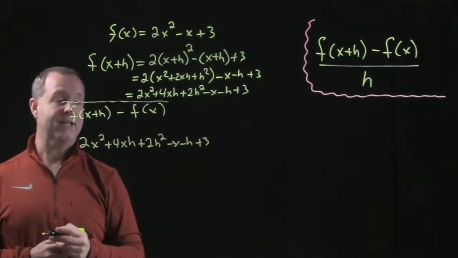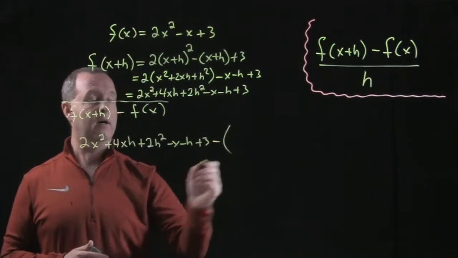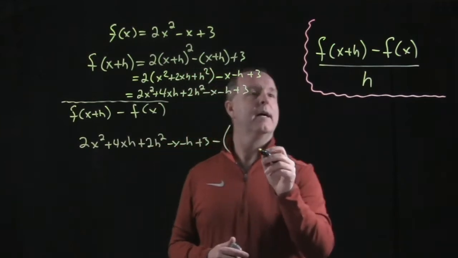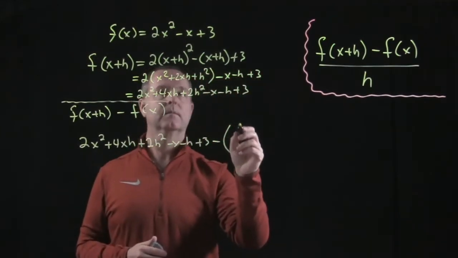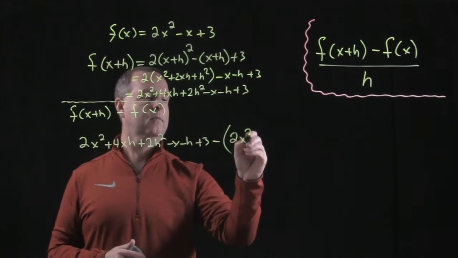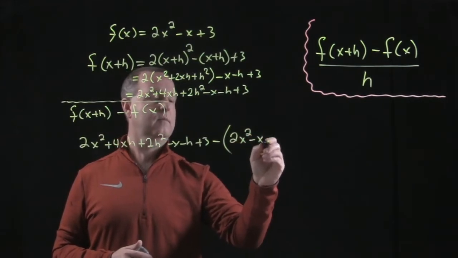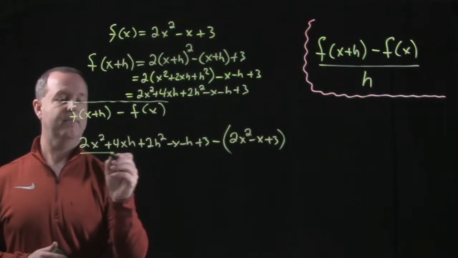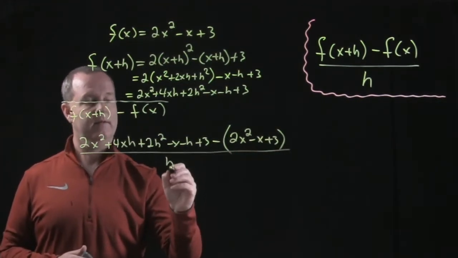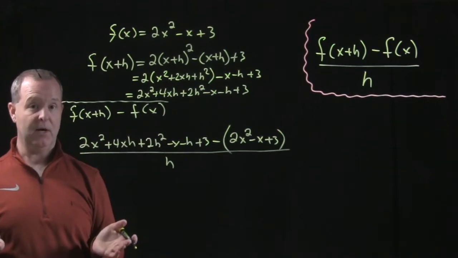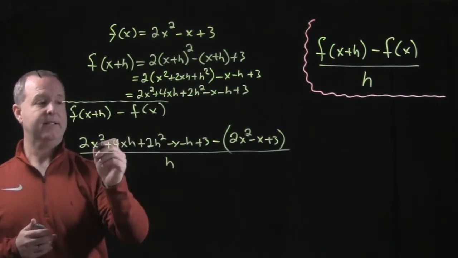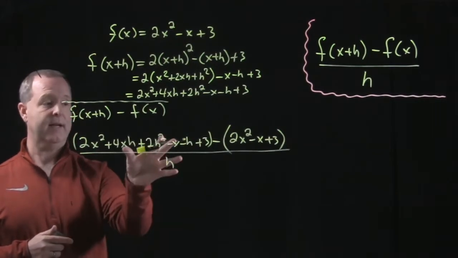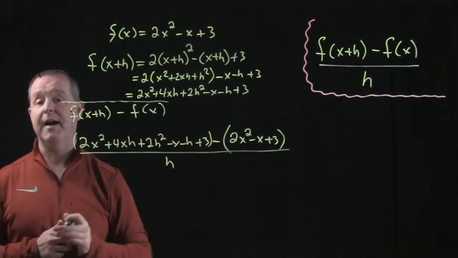Then subtract f of x from it. I'm going to subtract the entire function, so I'm going to make sure I have put parentheses around it. So that becomes, and that's all divided by h. Able to see all those things? My f of x plus h is right here, minus my f of x, divided by h.